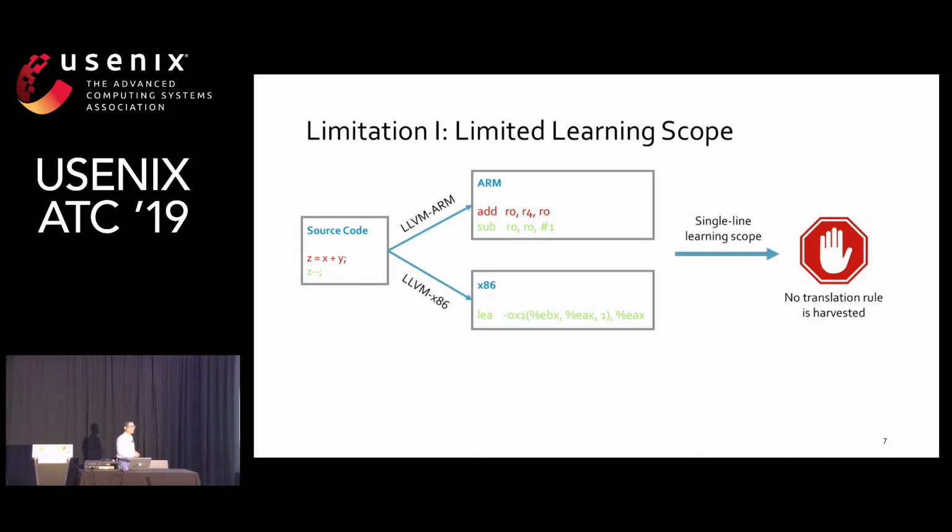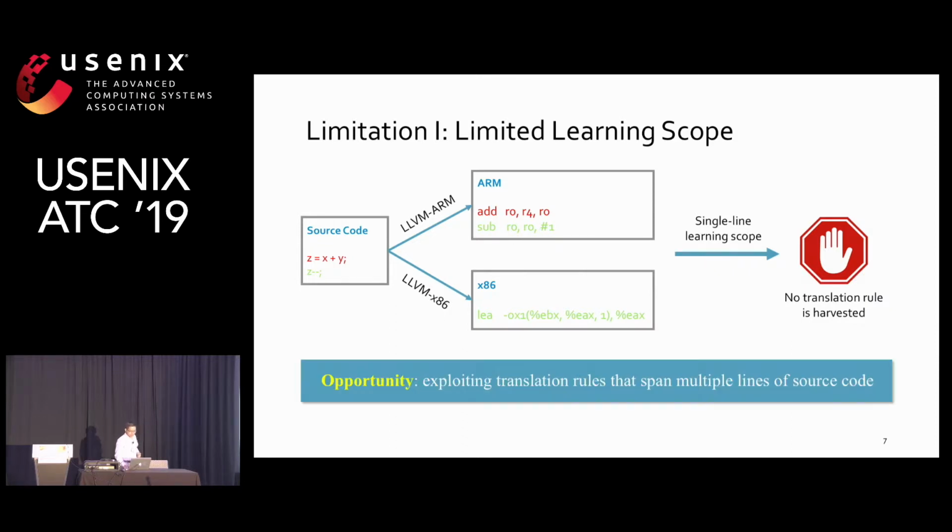For the first source line, there is no x86 instruction. For the second source line, the ARM sub instruction and the x86 LEA instruction are not semantically equivalent. But this provides us an opportunity to explore translation rules that span multiple lines of source code.